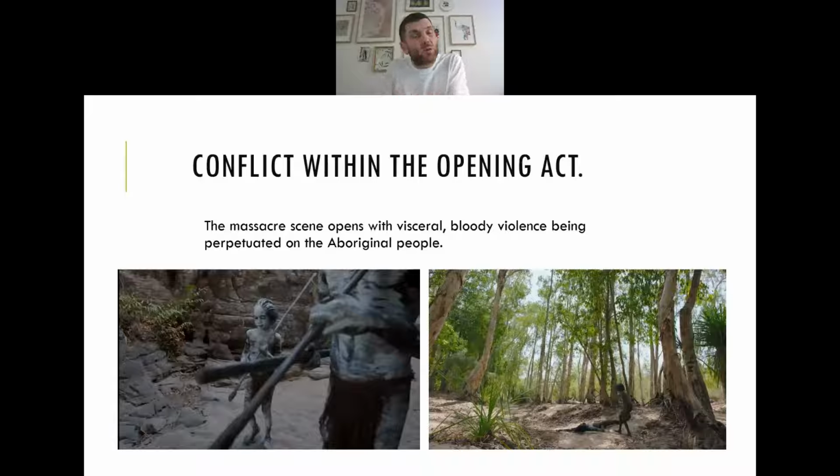And we see this oscillation between that scene and then the hooves of the horses riding in at the start of the massacre. We see the beauty of their culture, the beauty of their spirituality, contrast with the bloody nature of the conflict and the bloody nature of the massacre. And it's really quite confronting.